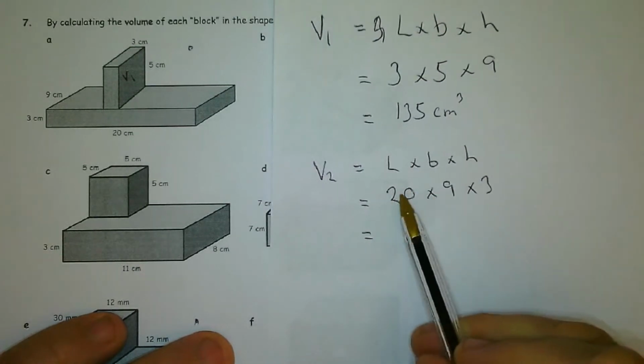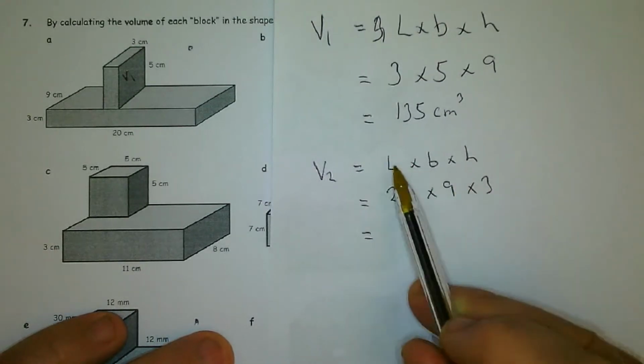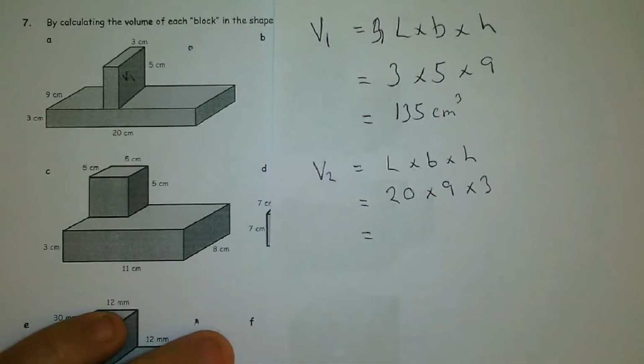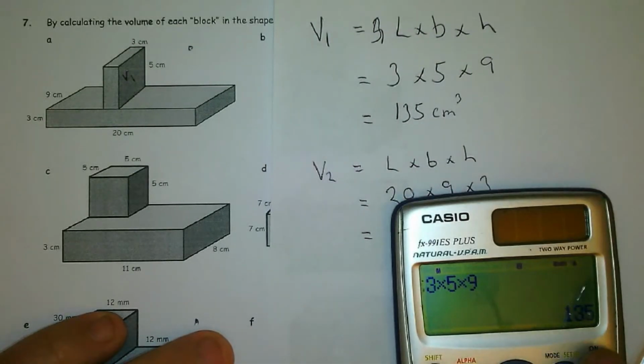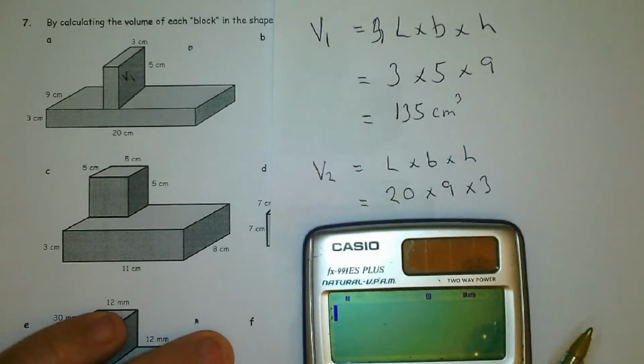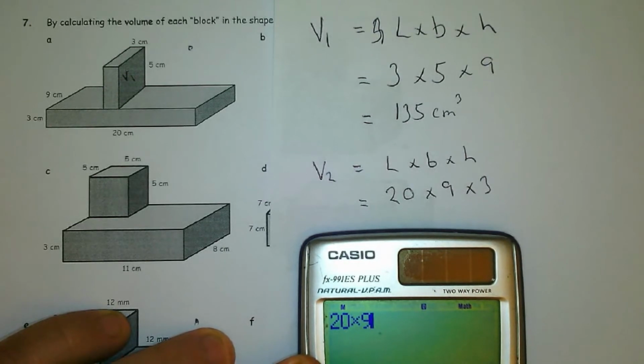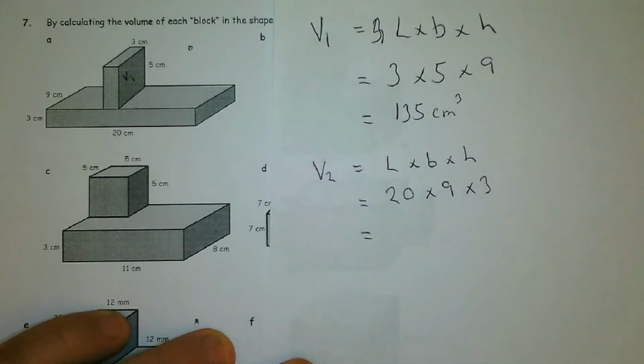Remember, it isn't important getting this in the right order, as long as you know what sizes are going in. So again, my calculator, 20 times by 9 times by 3, 540.